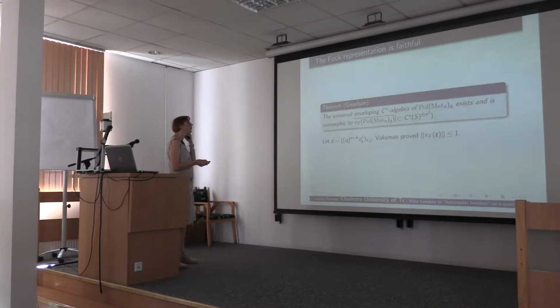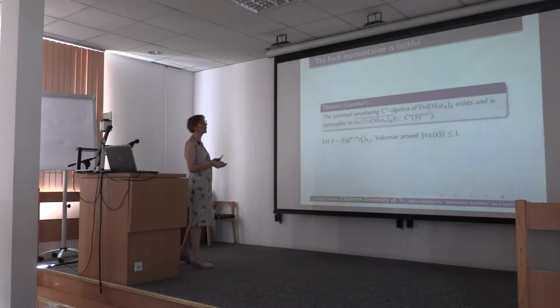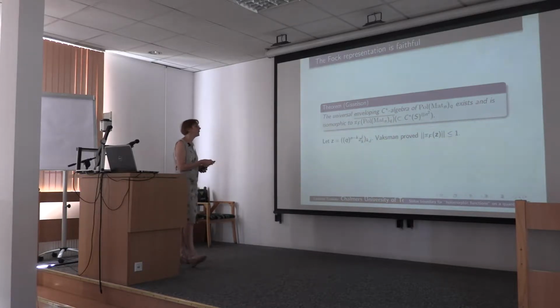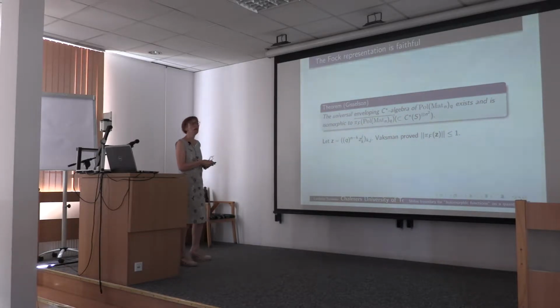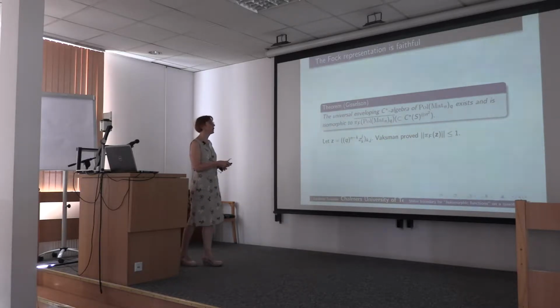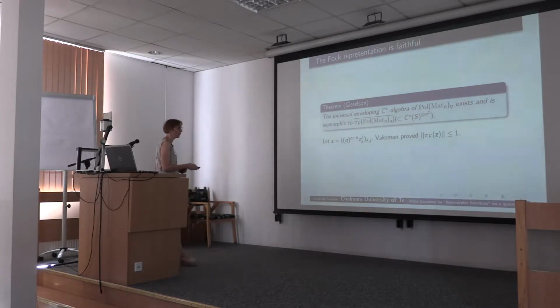The result of my students also showed that the universal enveloping C star algebra of this Holomorphic n Q exists, and it is isomorphic to the image of this special Fock representation. So we have a description of all representations.